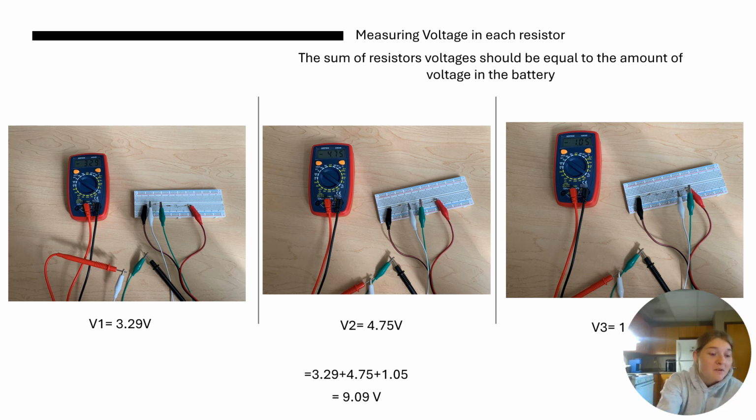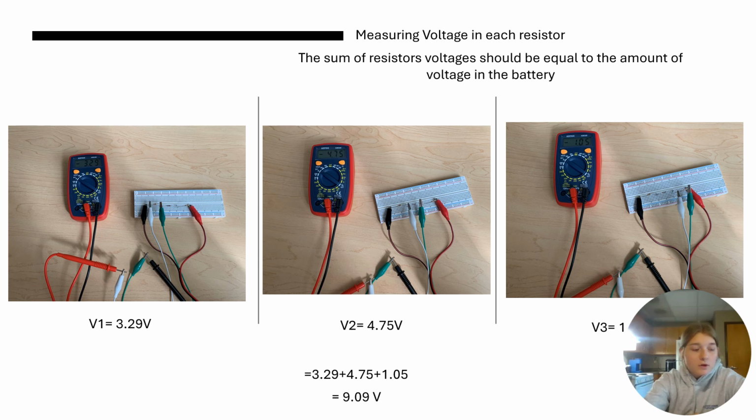Once the power supply is on, I also connect my power supply using the black and red alligator clips to the resistors. Then we're going to add the alligator clips from the multimeter. So as you can see, the black and red are from the power supply, the white and green are for the multimeter. So once I connected those, I waited for the multimeter to level out on a number.